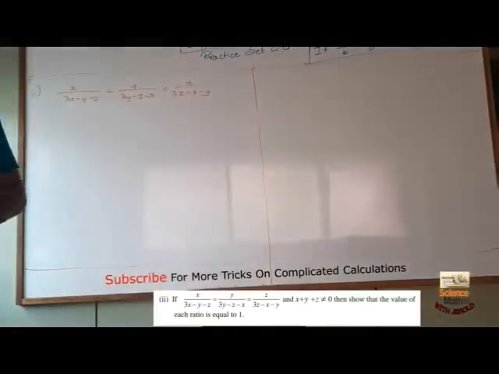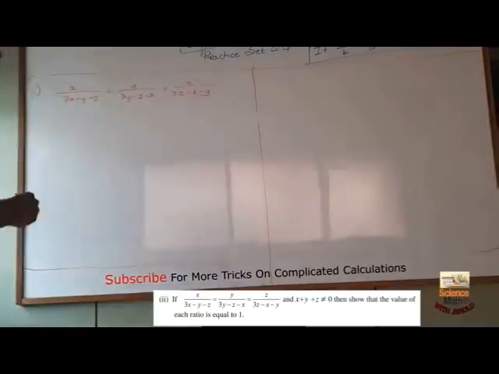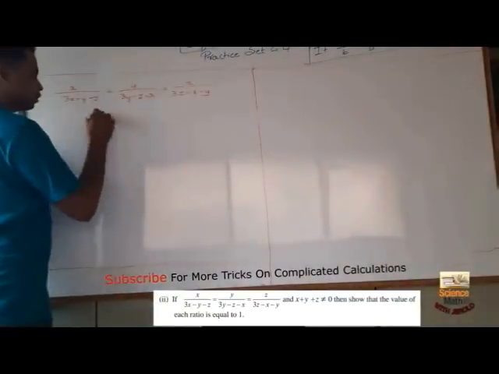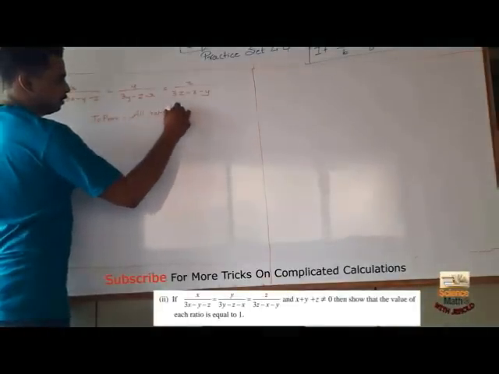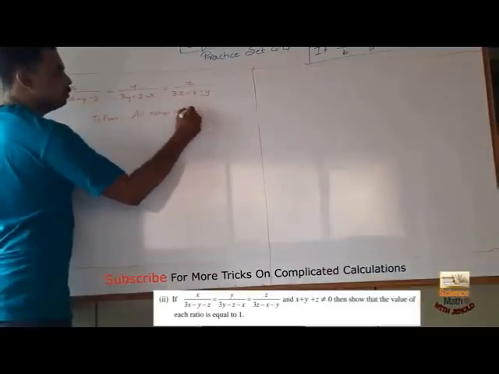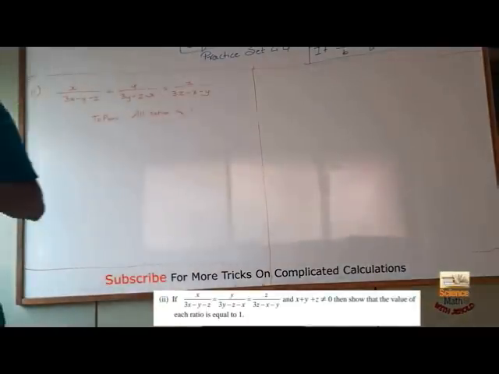This is what we have been given, and what we have to prove is all ratios are equal to 1. The value of the ratio is 1.